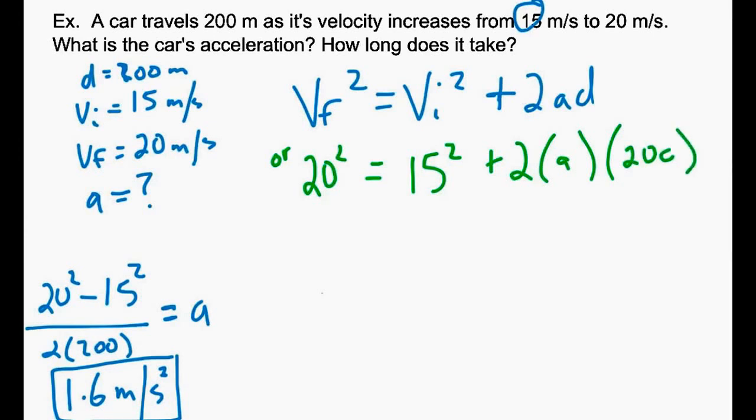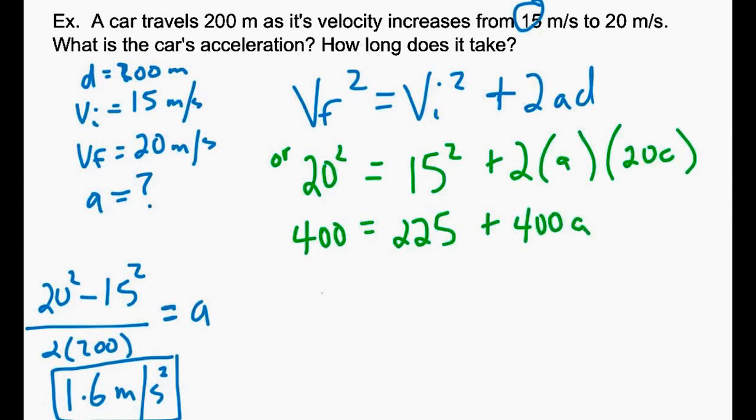Okay, if you're going to solve it this way, the next step is just to figure out all the numbers. So 20 squared is 400. Just simplify everything into numbers. We'd have 400 equals 15 squared, which is 225, and then we'd have 2 times A times 200. Let's just go 2 times 200 would be 400, and let's put the A at the end.